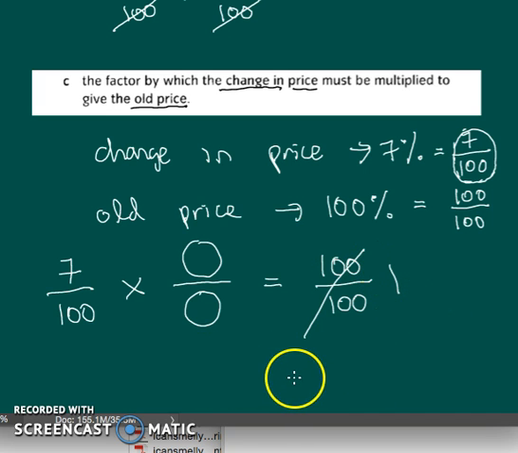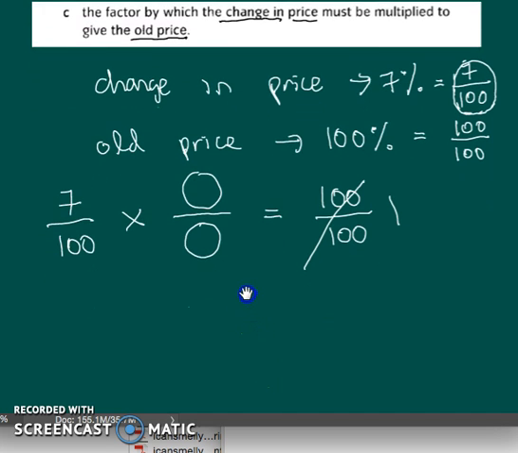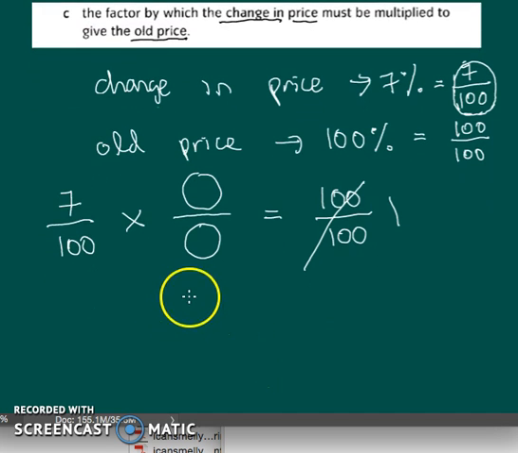Now, what do we multiply a fraction by in order to get 1? You might remember, in order to get to 1, we can multiply any fraction by its reciprocal. What's the reciprocal of 7 over 100? It is flipped upside down, so 100 over 7.